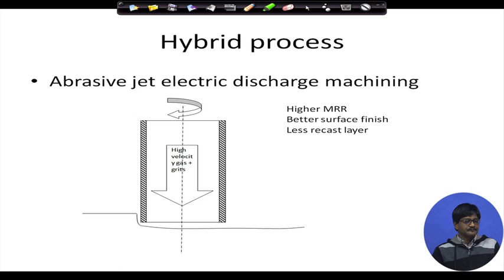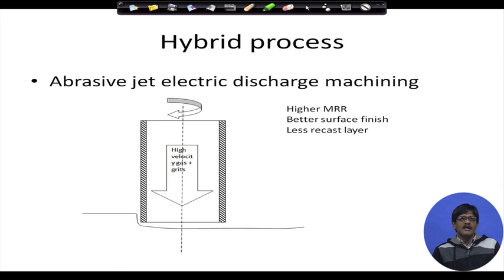So here we have a rotating annular, hollow cylindrical tool, where we are giving electrical connection to the tool and workpiece pair, and additionally we are also providing a very high velocity gas, that means gas at high pressure, with abrasive grits. Now, what is it going to do?